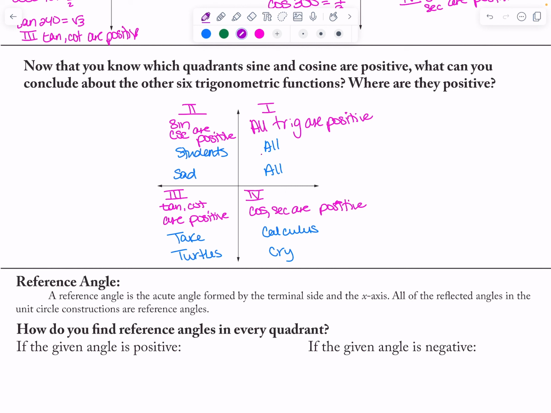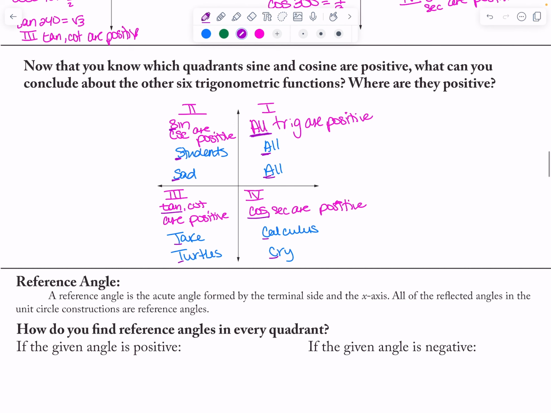The A stands for all, the S stands for sine, the T stands for tangent, and the C stands for cosine, and the first letter of those words will tell you which one is positive.